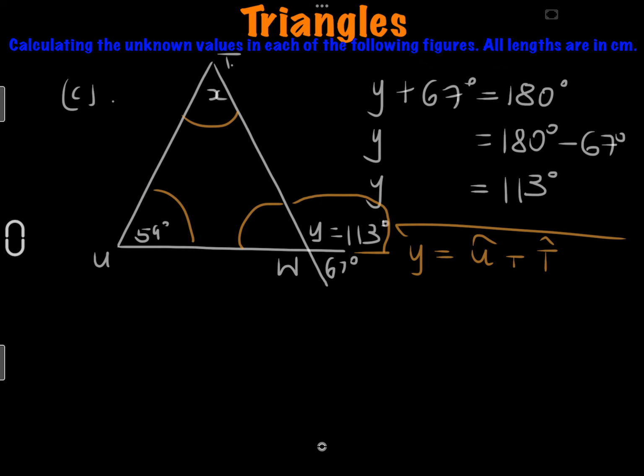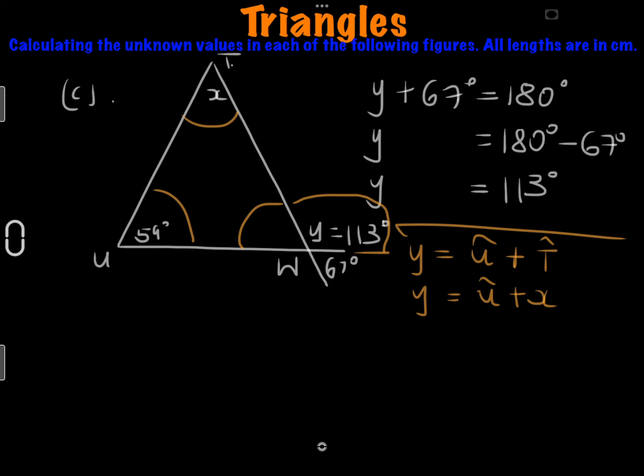Or rather we can substitute this by saying Y is equal to angle U plus X. X is our unknown value, that's what we need to find. We want to find X, remember?